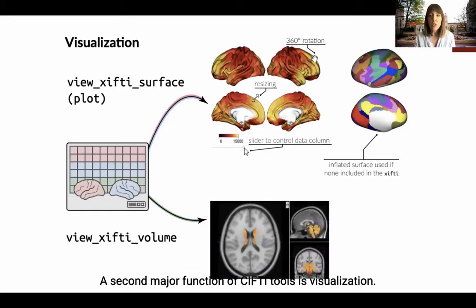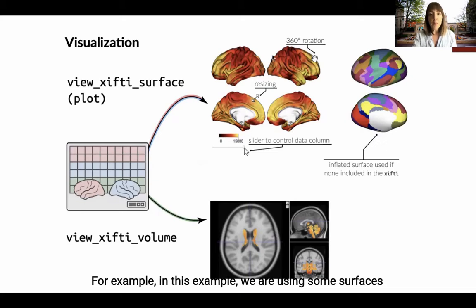A second major function of CIFTI-Tools is visualization. Since CIFTI objects consist of both cortical and subcortical data, we have two different tools for visualization. The first is called View CIFTI Surface, a function that we pass our CIFTI object to, and that comes up with an interactive surface-based visualization that can also be written out to a file for static images for publications, for example.